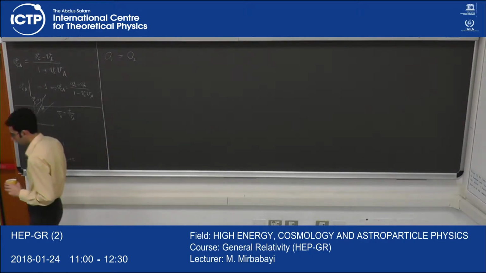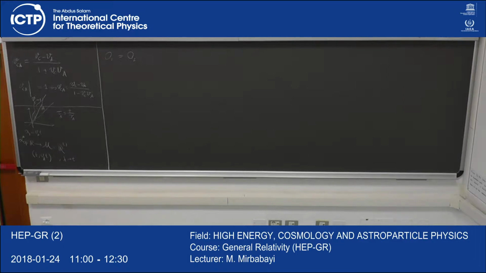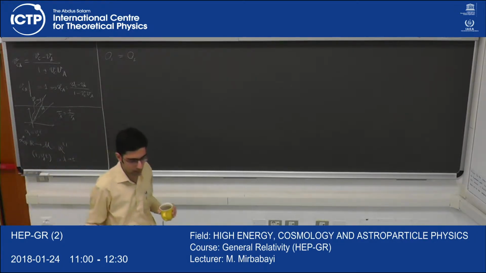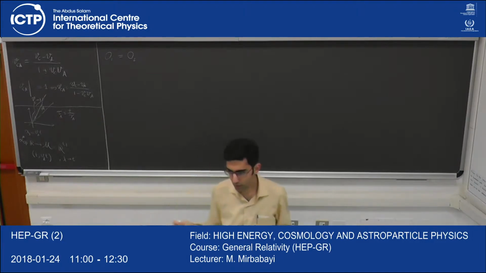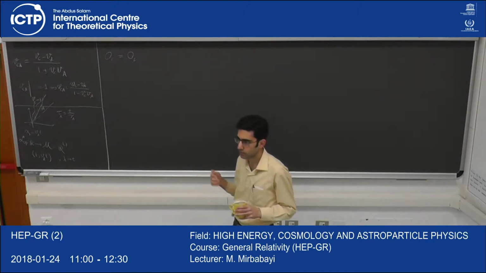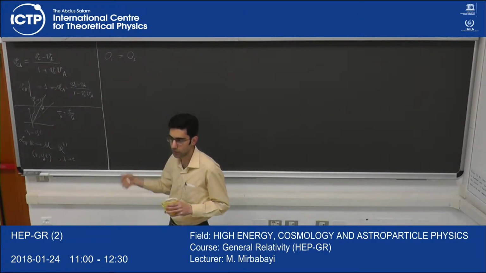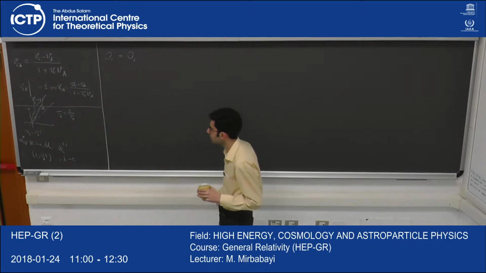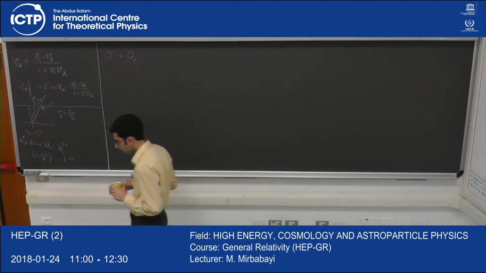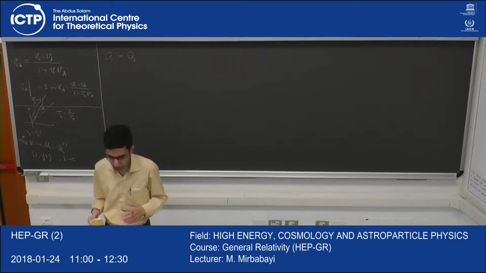And then the other rule that we follow is that we have experimental evidence for many laws of non-relativistic physics. So in the appropriate limit, the laws of physics have to agree with the ones that we have checked non-relativistically.